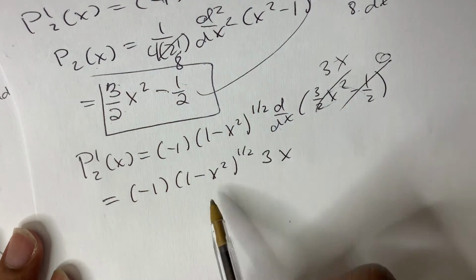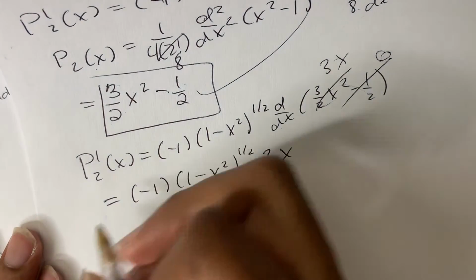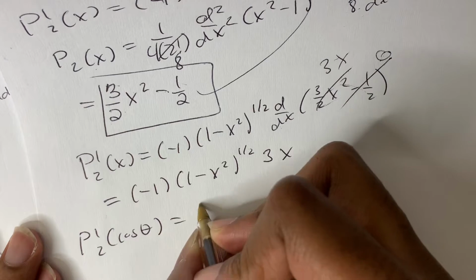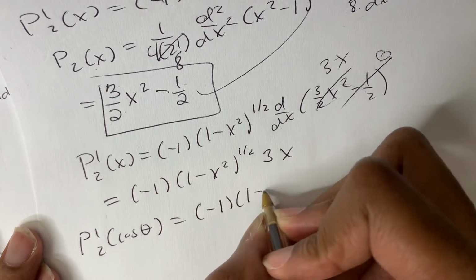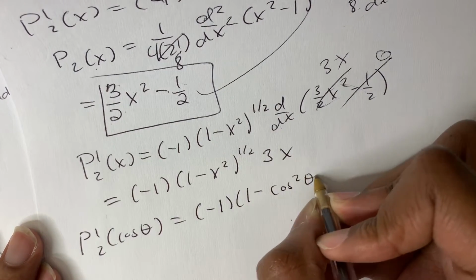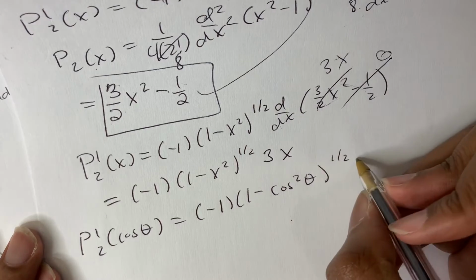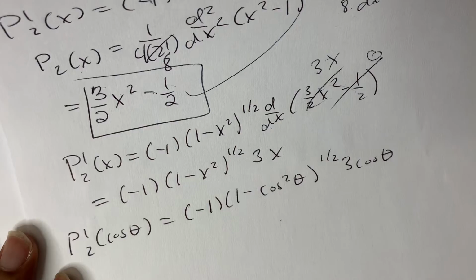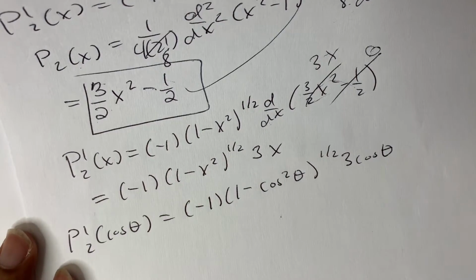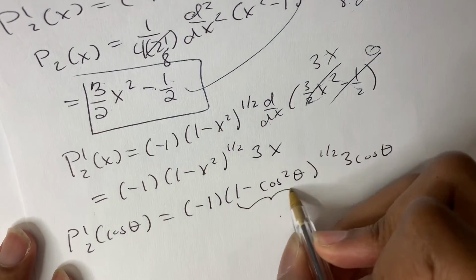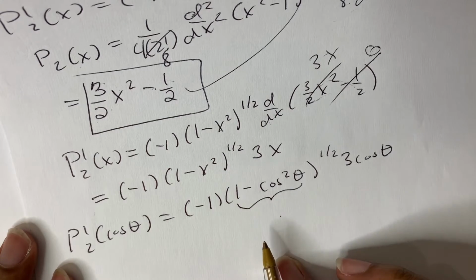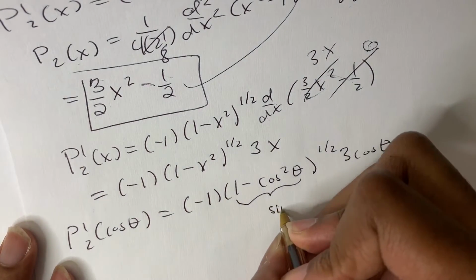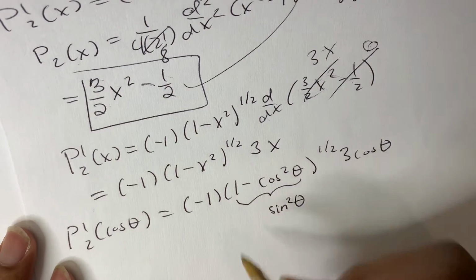Okay. Now we plug in cosine of theta for x. So this is minus 1 times 1 minus cosine squared theta to the 1/2 times 3 cosine of theta. Now, if we can recall from trig, this is actually a trig identity. 1 minus cosine squared theta, that's just sine squared theta, right?